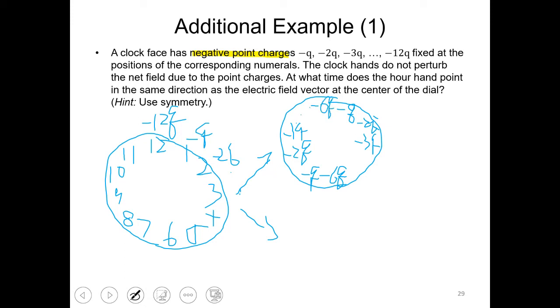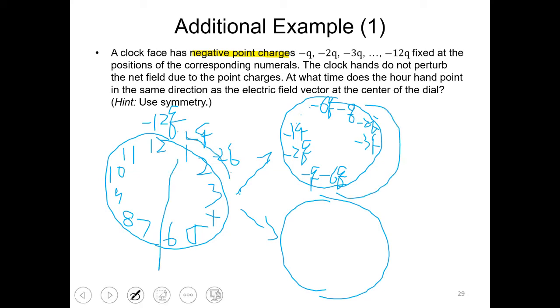So the first part will be something like this, and for the second part, it is already all the charge of this part, so we have 0, 0 on this side.